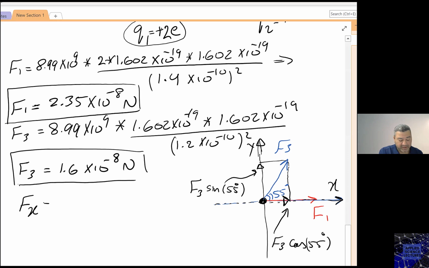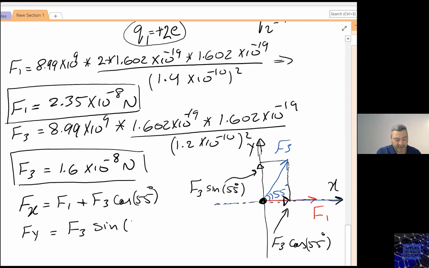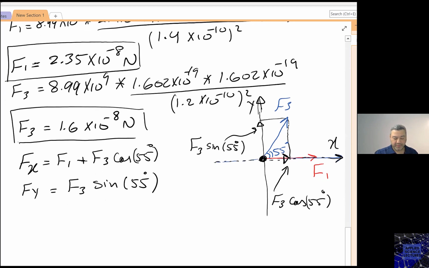I have Fx, that is the summation of F1 plus the F3 cosine 55 degrees. And I have Fy, which is only F3 sine 55 degrees.